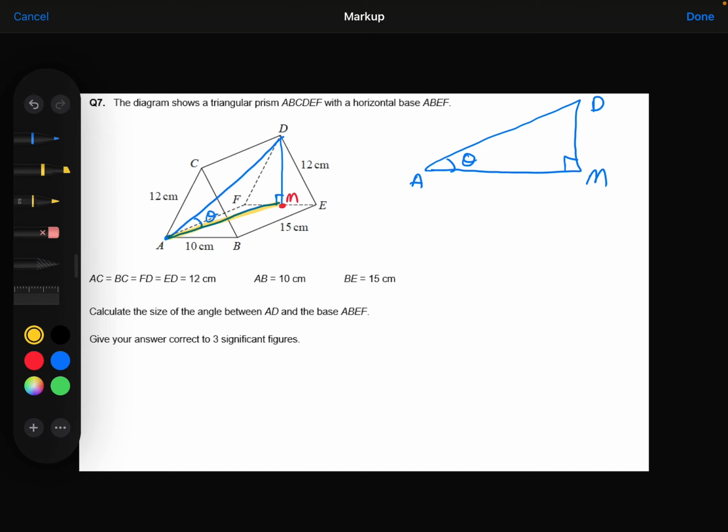I can consider the little right angle triangle across the base like this. Let me draw that out. So this is point A, this is point M. This point down here is like the middle of A and B. So this would be 5, half the 10, halving this.